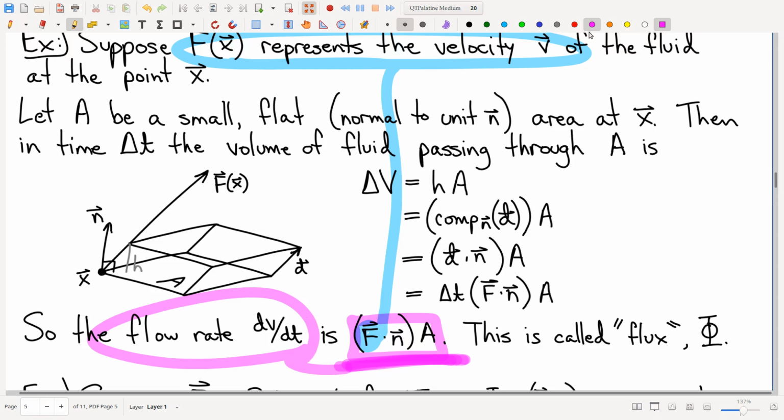So this expression deserves a name. The name we use is flux, which is a scary sounding word, but all it is is this expression right here, F dot N times the area, and the interpretation we've seen so far is that it represents flow rate. It also deserves a notation. We're going to use capital phi for flux. So natural choice. And there you go.